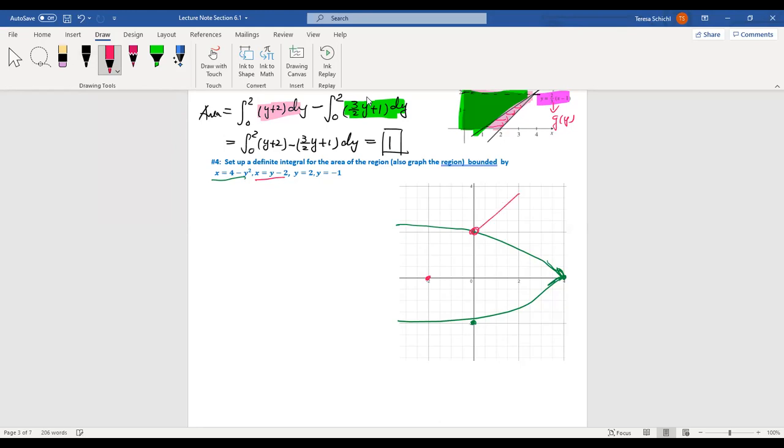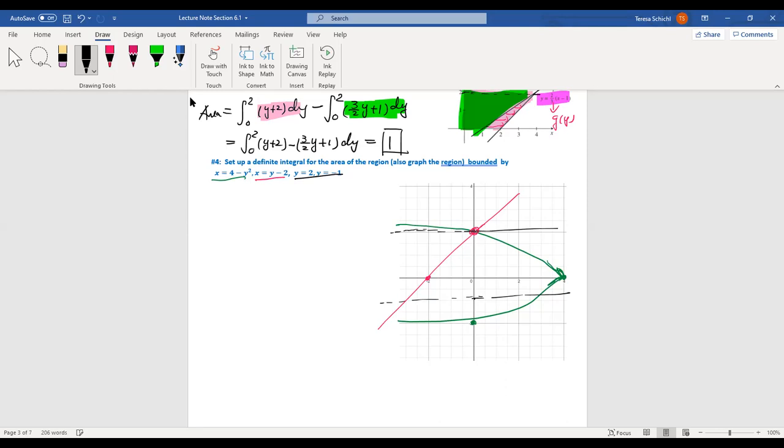Okay, so that's y, and then in here it's bounded by y equal to 2 and y equal to negative 1. Y equal to 2 will be this line, and y equal to negative 1 is this line.